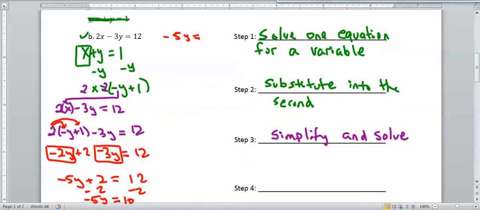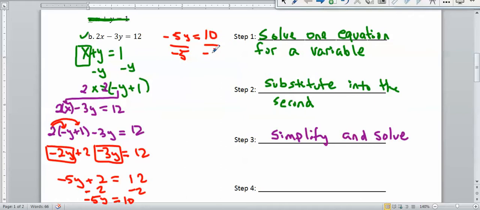I'm sorry, my mistake. Okay, and then finish the problem solving for y. So I'm going to divide both sides by negative 5. So y is equal to negative 2. Okay, plug that back in and solve for x.